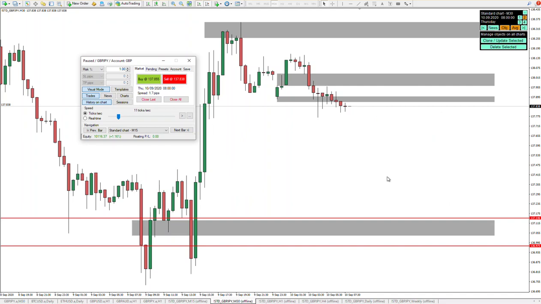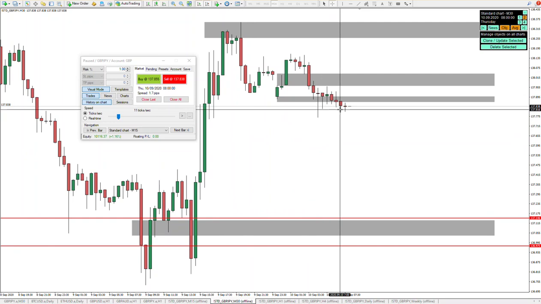2 hours before London Open, we just come to the charts. This is my time, 7 o'clock, so it's a bit too early to be honest. It's very interesting to sell because we can correct this complete leg up.